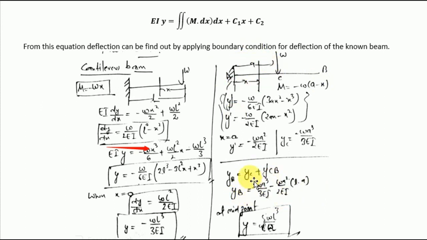Then yb is equal to yc, which is calculated here, plus y dash, which is placed here, times cb, where cb is l minus a, and we solve this part and we get the formula for deflection at point B.